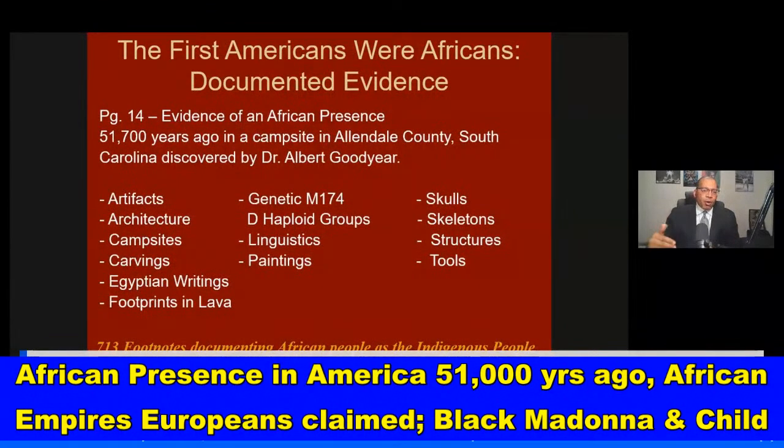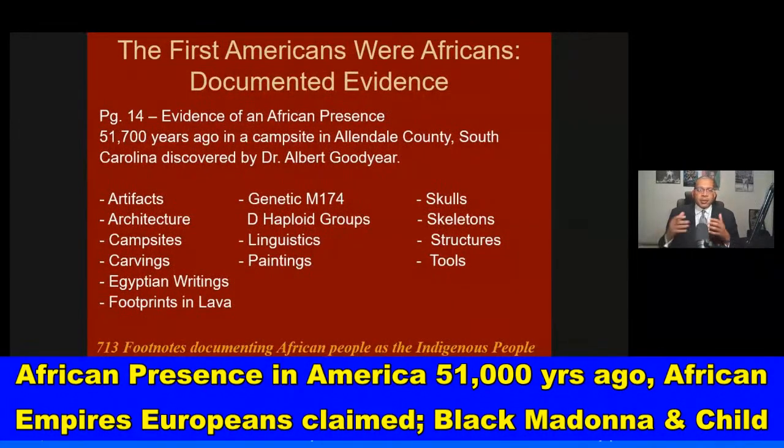They found artifacts, architecture, campsites, carvings, Egyptian writings, footprints in lava, genetic M174D haplogroups dealing with DNA and genetics, linguistics, paintings, skulls, skeletons, structures, and tools. They found 13 different types of evidence documenting an African presence in the land we call the United States of America, dating back at least 51,700 years ago. Now, his book is backed up by 713 footnotes and 7 peer-reviewed articles as well. And we know peer-reviewed articles is the height of academia.